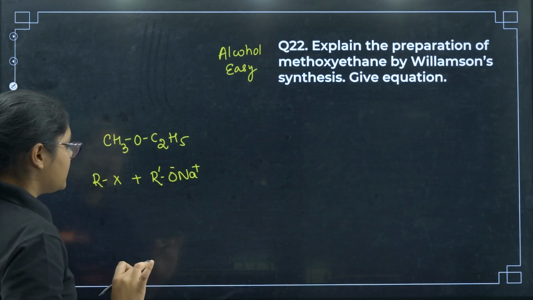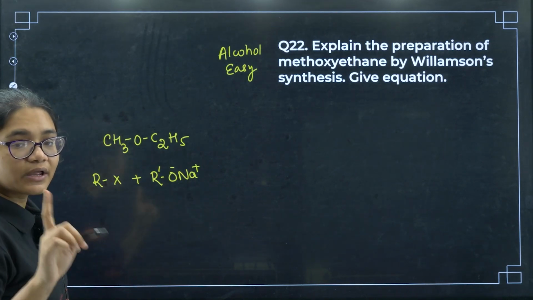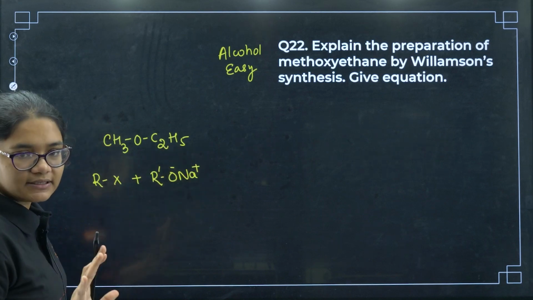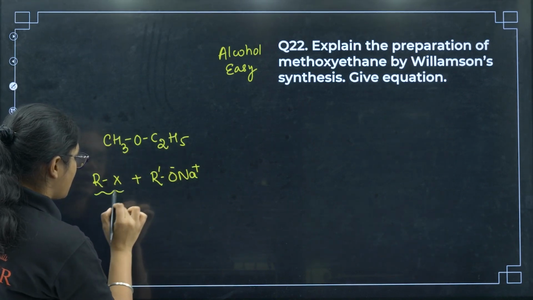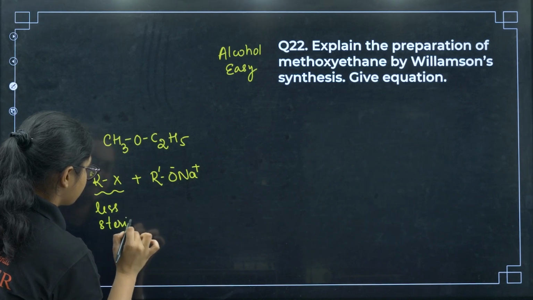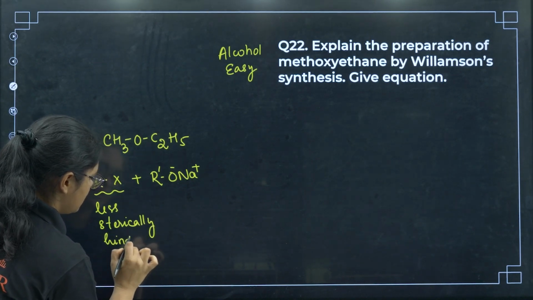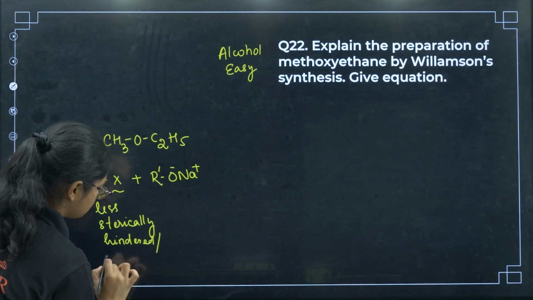right? Now here if you see which one will be RX and which one will be R-ONa, if you can find out that, then this is a very easy question. So always remember the RX should be the less sterically hindered one, or I can say a smaller group one.